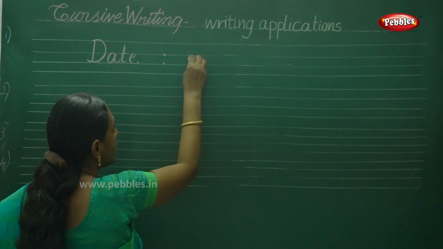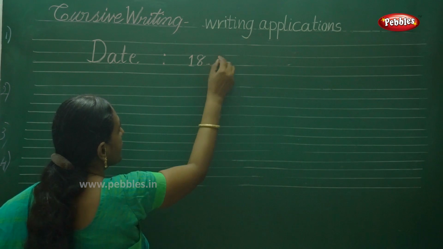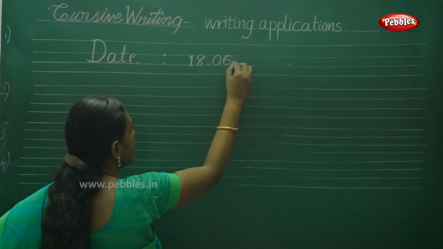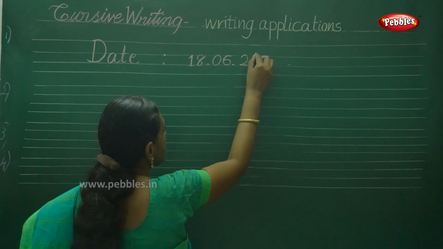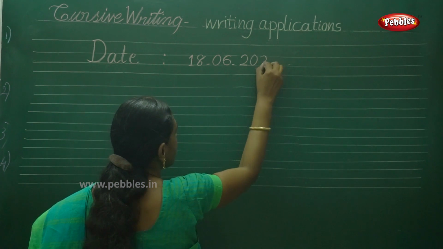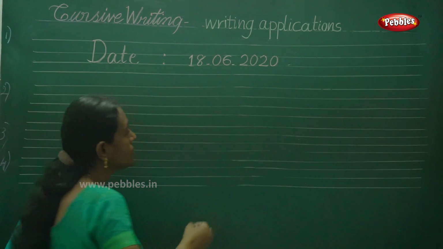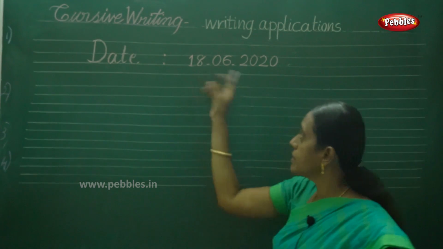So legible writing of 1, 8. Okay. Next 6. This is the month 6 and a small hyphen, and the year 2020. This is the number format we learned. So use correct spacing and fill it in this manner.